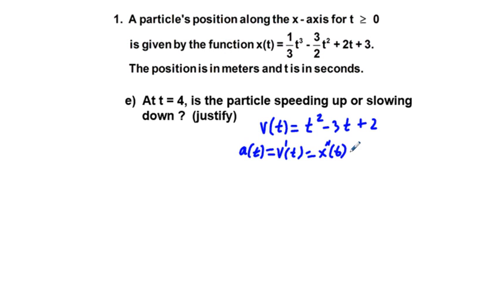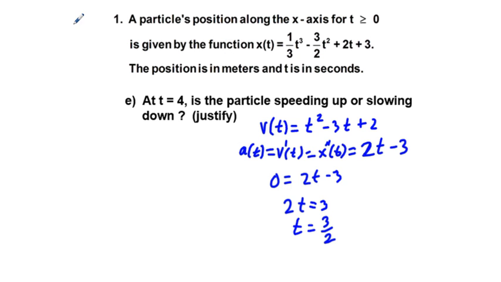So we're taking the second derivative, essentially. We're going to get 2t minus 3. Now if we set this to 0, we get 2t equals 3, so t equals 3 over 2, or 1 and 1/2.